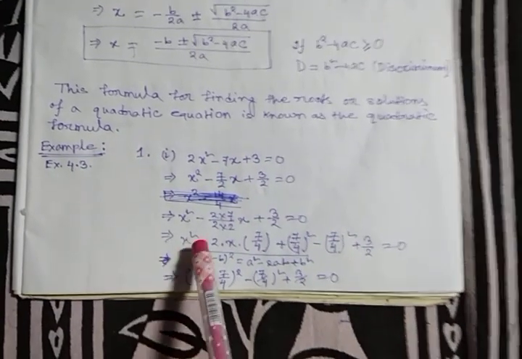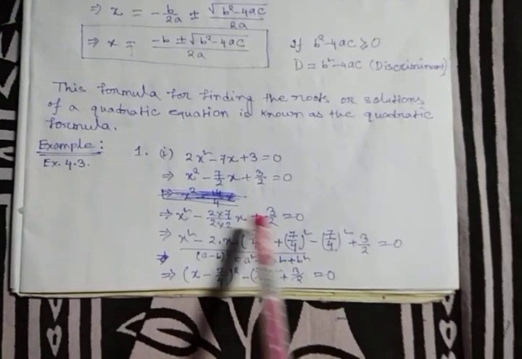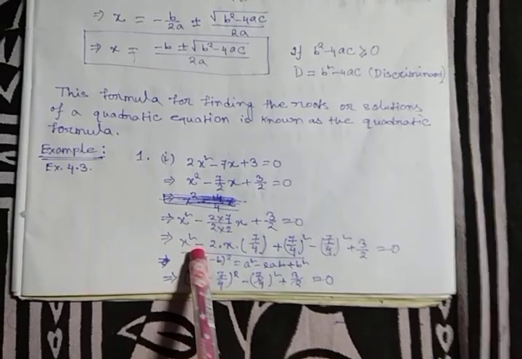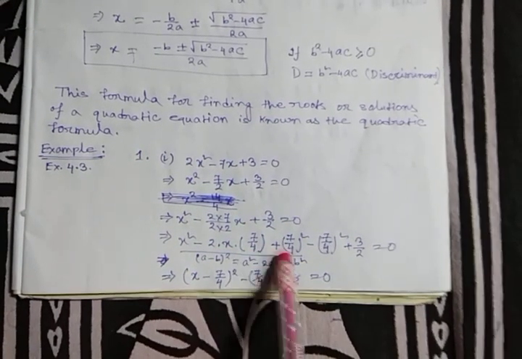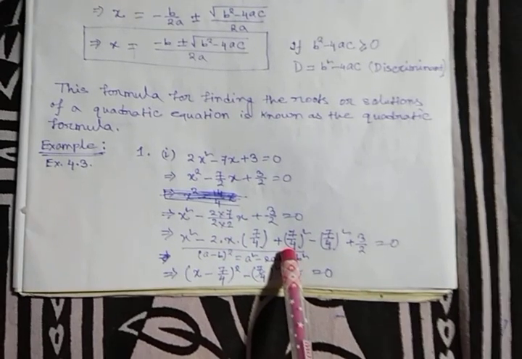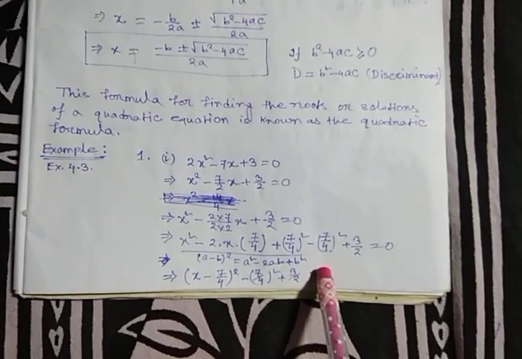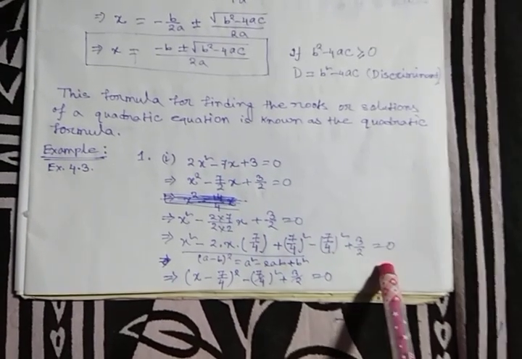Now these first three terms become the formula a square minus 2ab plus b square. So we can apply the formula, and minus 7 by 4 whole square plus 3 by 2 is equal to 0.